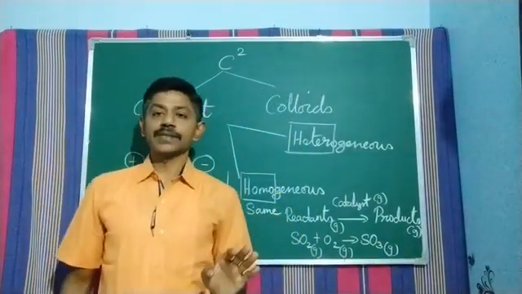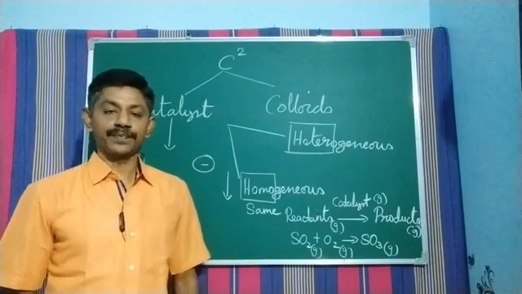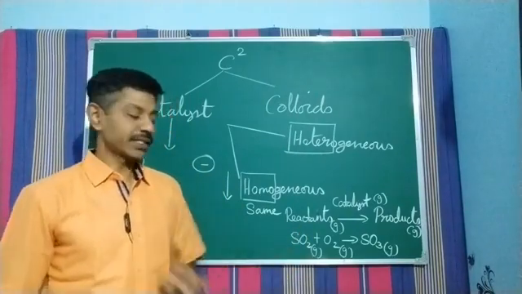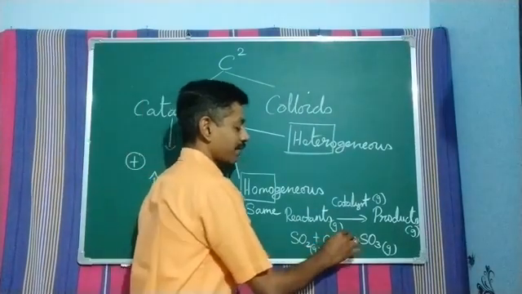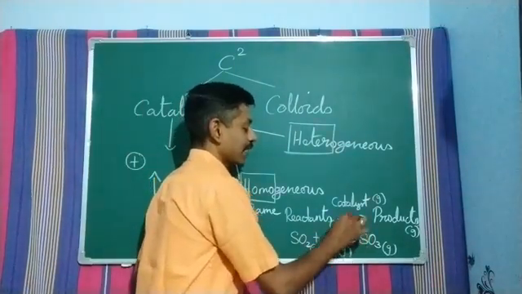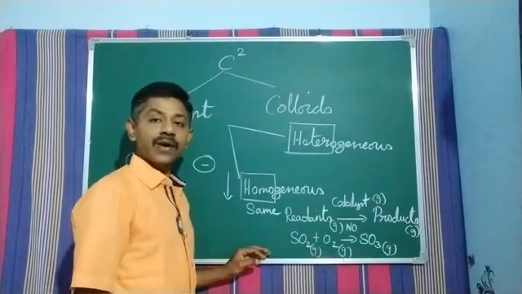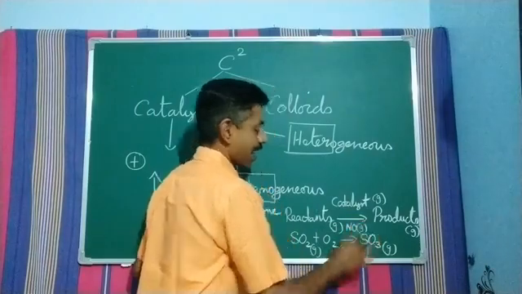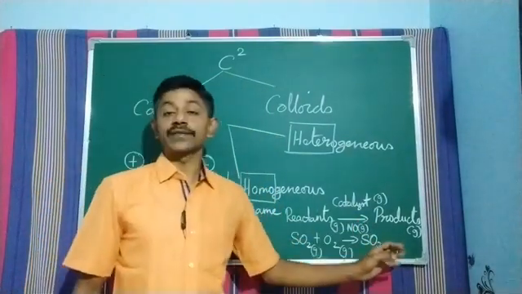This reaction takes place at a very slow rate. If you want to increase the rate of this reaction, what is your next move? You have to have a catalyst. For example, we are using NO, nitric oxide. This nitric oxide is also a gas. This will increase the rate of the reaction.